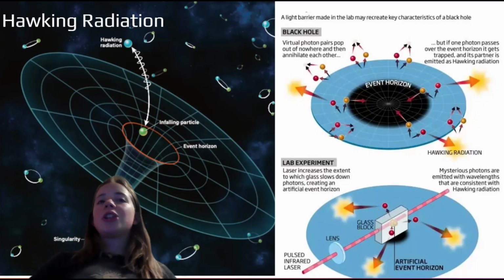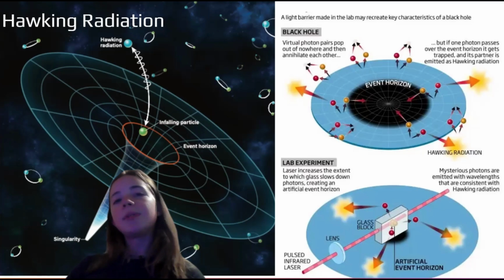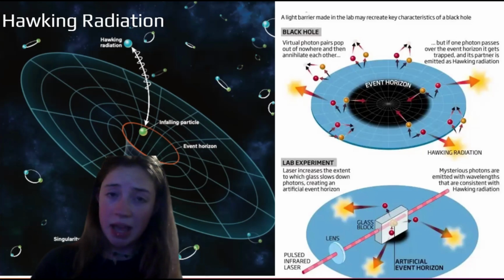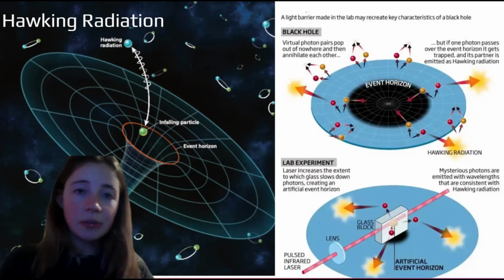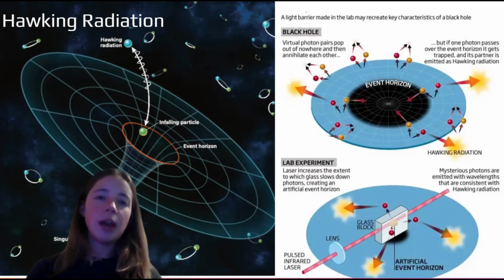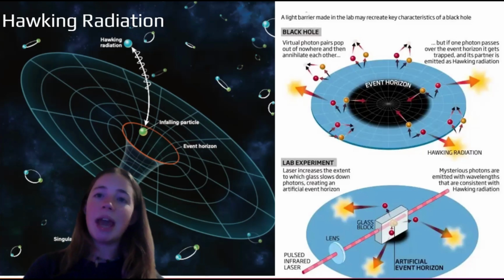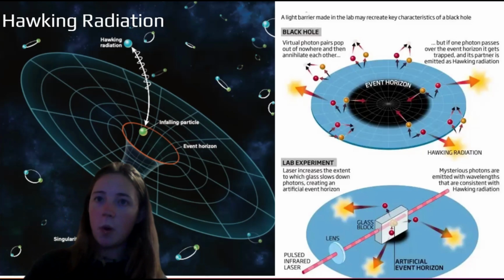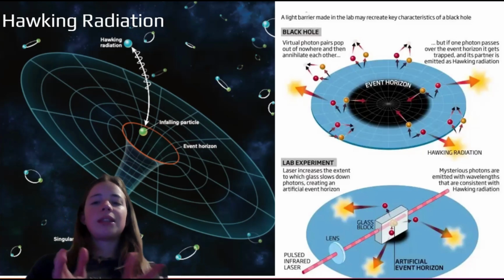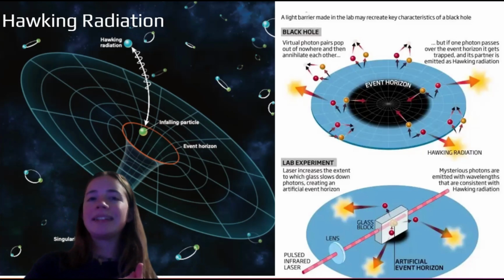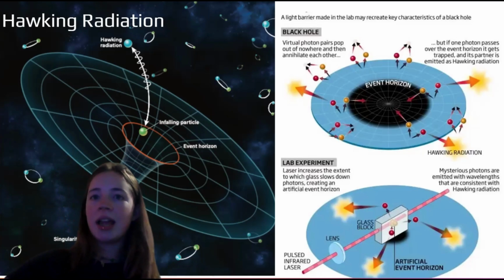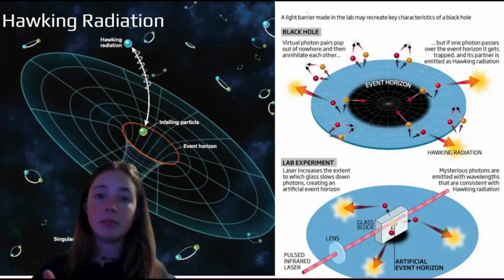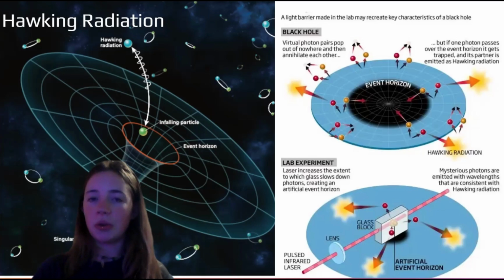So the Hawking radiation hasn't been directly observed yet because we can't get close enough to a black hole to see it firsthand. But it has been observed in lab procedures. In 2018, scientists from the UK and Italy designed an experiment shown here in the bottom right, where they took this glass block and they shined an infrared laser through the block at a high speed, essentially changing the way the glass moves and interacts with other particles.